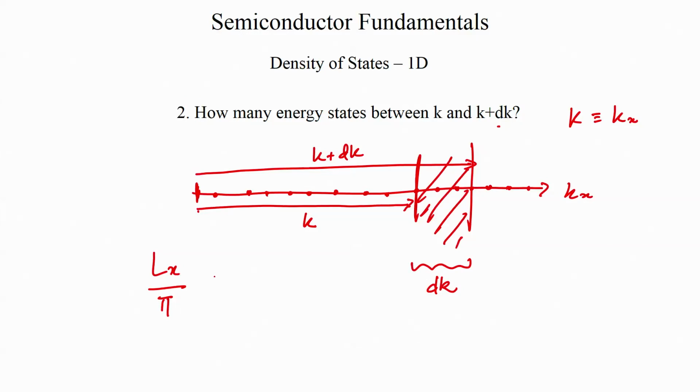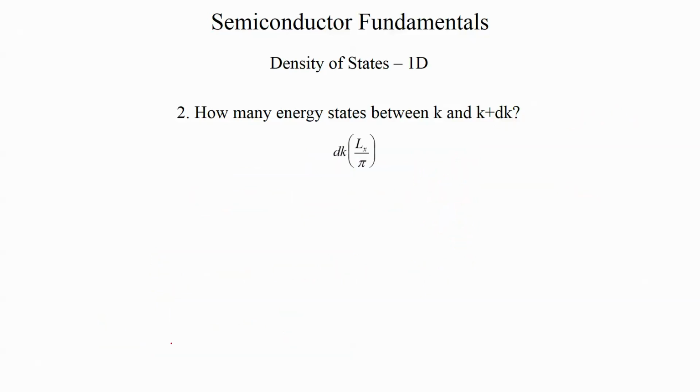So there are this many solutions per unit length, and we want to know how many solutions in this region of dk. For a length of dk, the answer is Lx by pi times dk. So there are dk times Lx by pi states, or solutions to Schrodinger's equation, in the region between k and k plus dk.